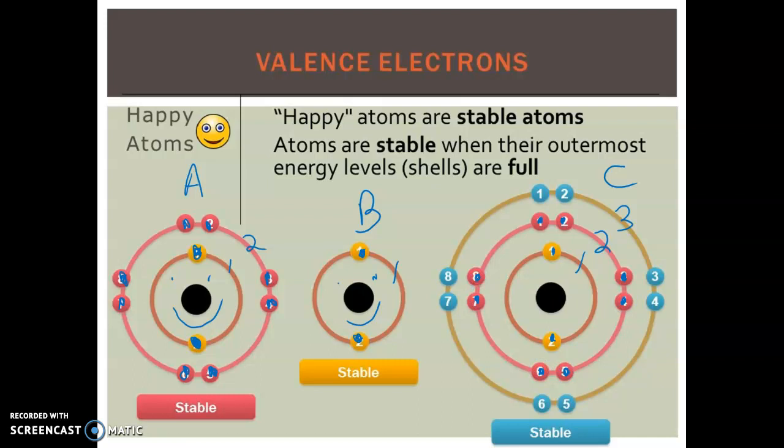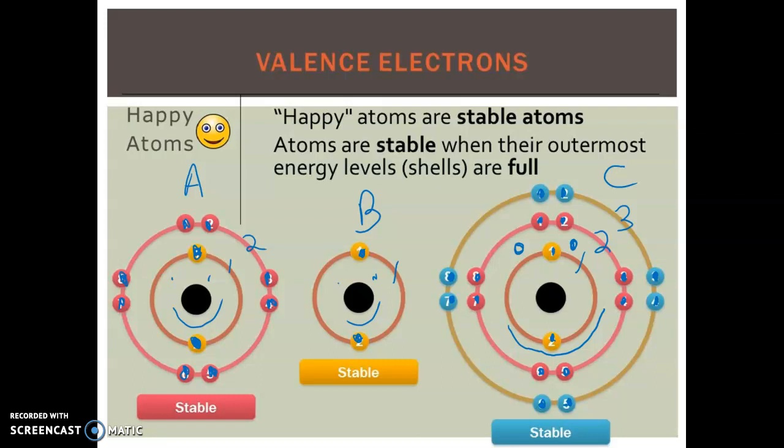And then we're also using the third, 1, 2, 3, 4, 5, 6, 7, 8. We're also filling this outer valence shell. So this guy is going to be really kind of creepy happy. All right, so all 3 of these are examples of fully stable elements depending on which energy level they're using.